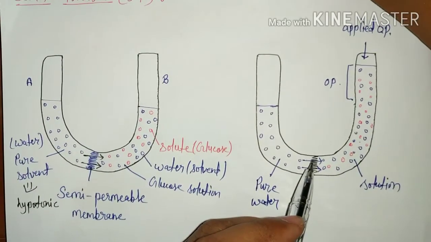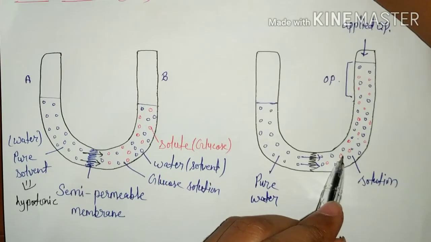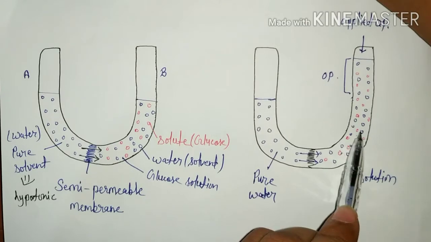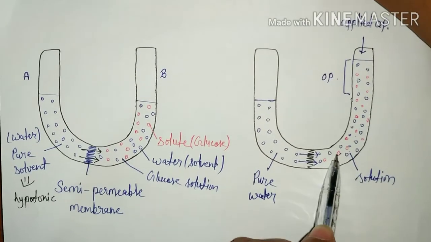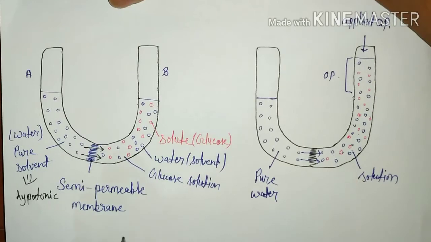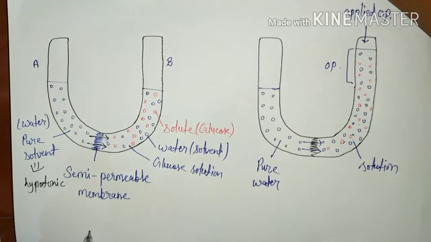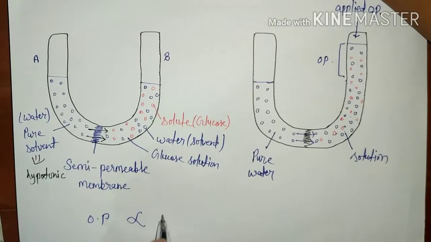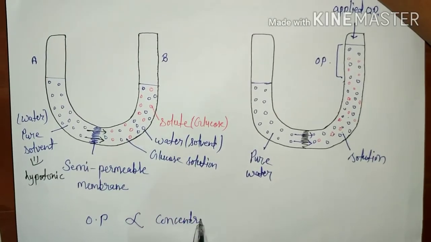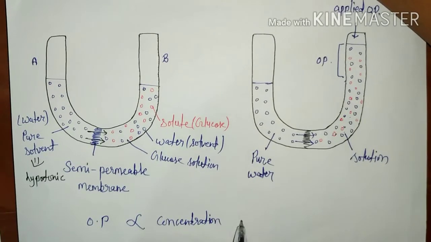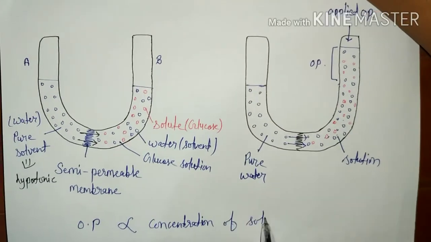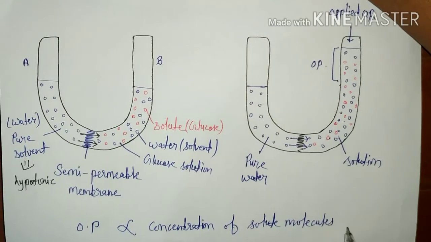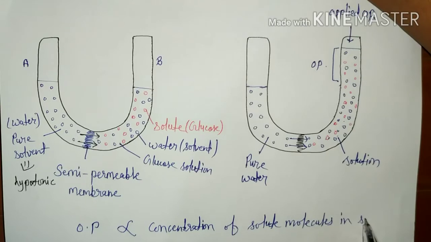So, the osmotic pressure of any solution is directly proportional to the concentration of solute molecules in the solution. Then, osmotic pressure is directly proportional to the concentration of solute molecules in solution.